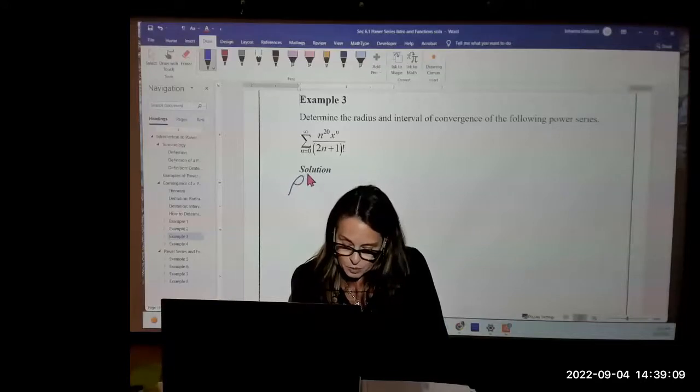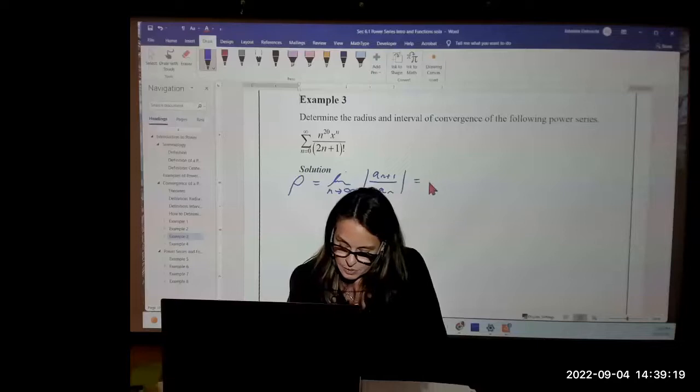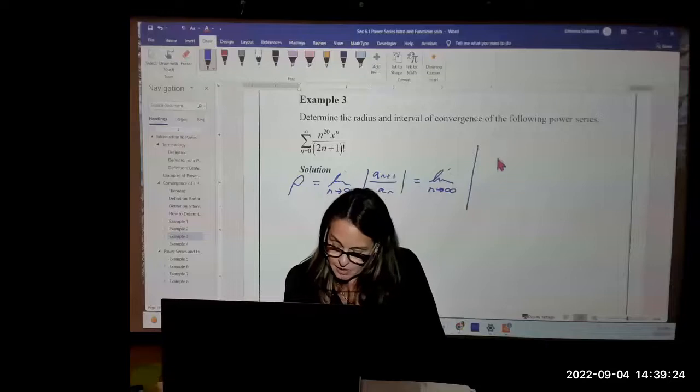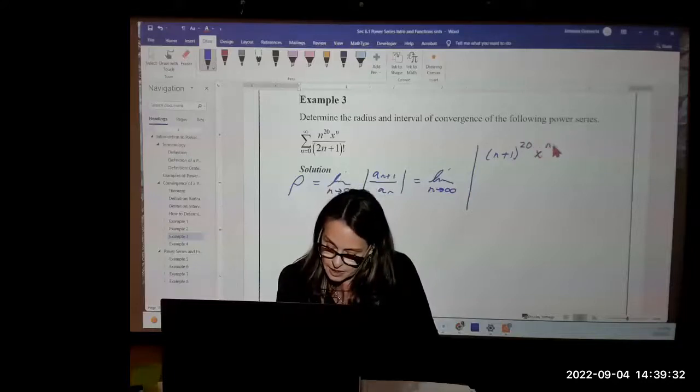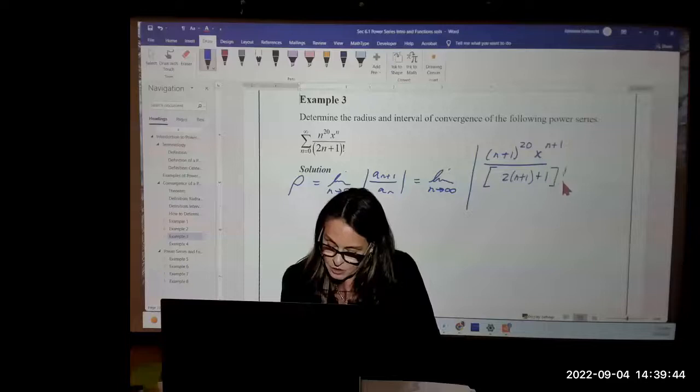So we have rho, which is the limit as n goes to infinity of a sub n plus 1 over a sub n, which is going to be the limit as n goes to infinity of, and we're going to replace n with n plus 1 in parentheses to the 20th times x to the n plus 1 power over, now we need to have 2 times n plus 1 plus 1 quantity factorial.